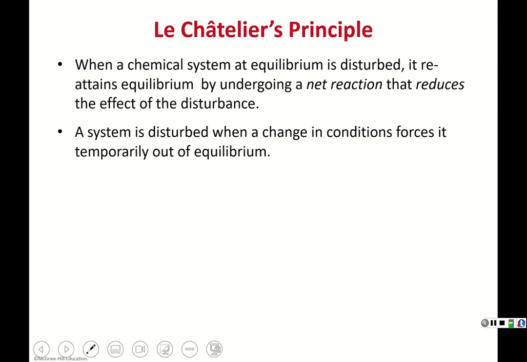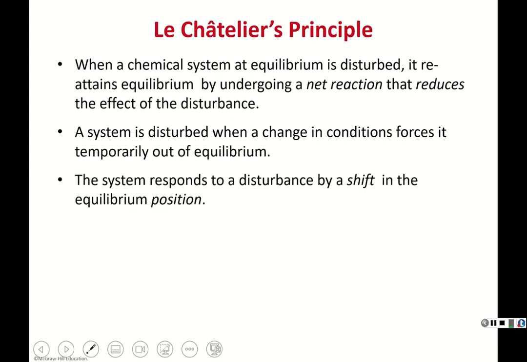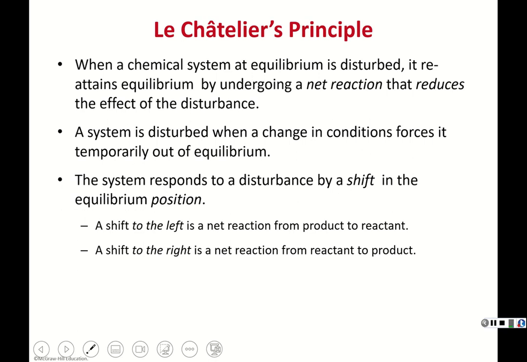So if a system is disturbed by conditions that force it to go out of equilibrium, the system will respond to this disturbance by a shift in the equilibrium position. A shift to the left is a net reaction from product to reactant, and vice versa. A shift to the right would be a net reaction from reactant to product.